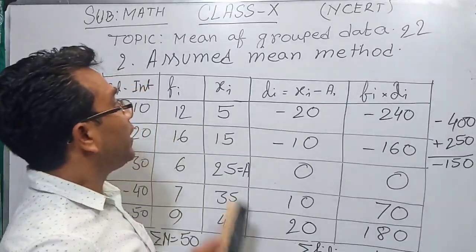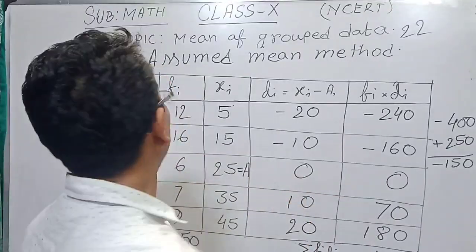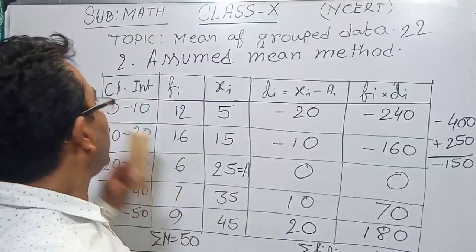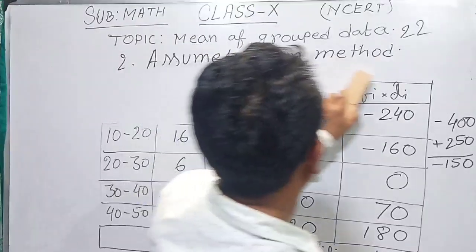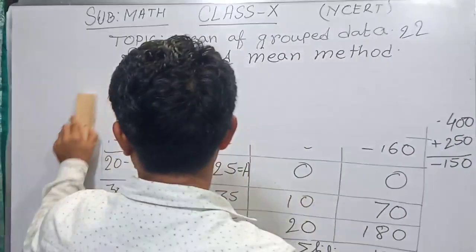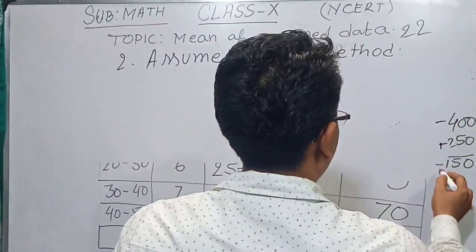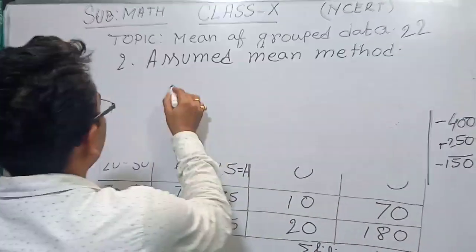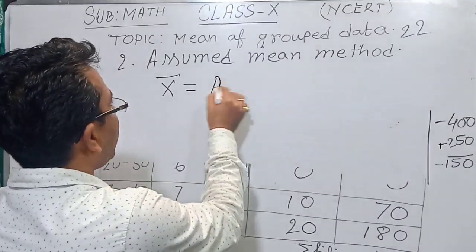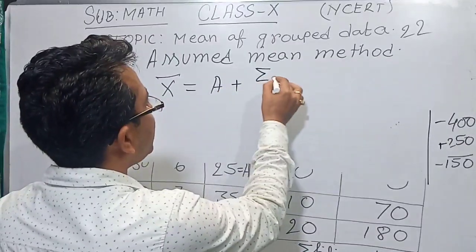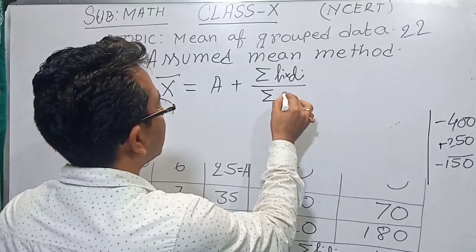In this method, now we are going to calculate the mean value. What is the formula? Due to lack of space, I have to clear up this. Again, the mean x bar equals a plus summation Fi di by n.